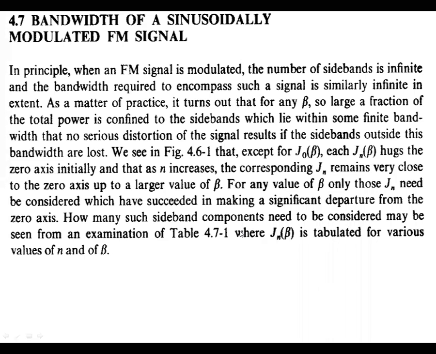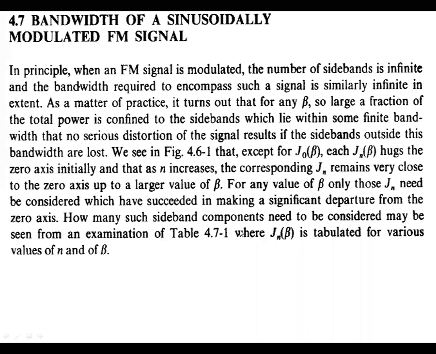So you can expect that J naught of beta, each Jn of beta has zero crossings initially, and that as n increases. So n depends upon the J term.